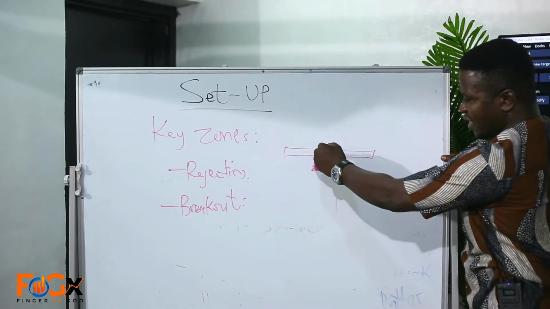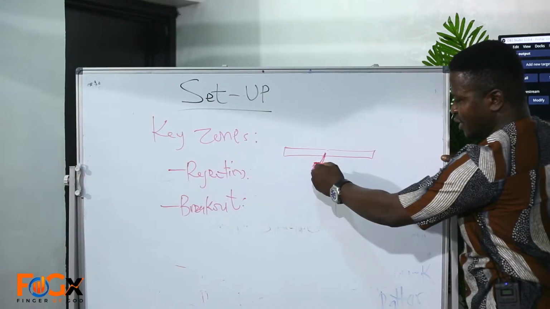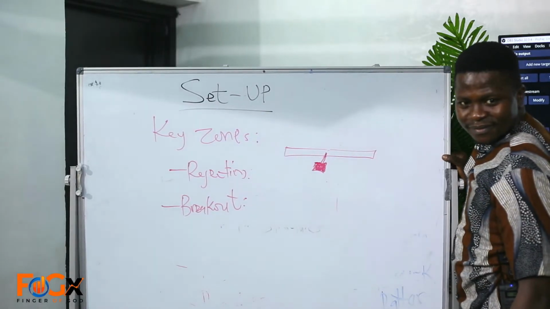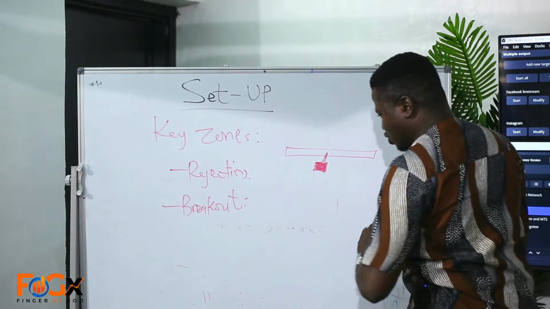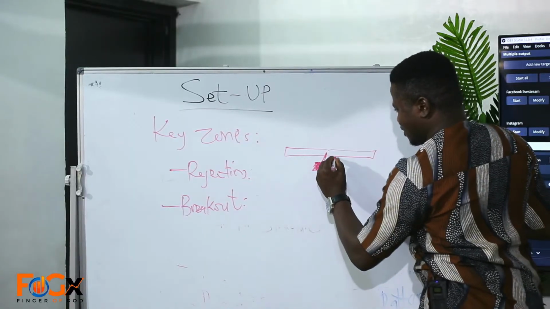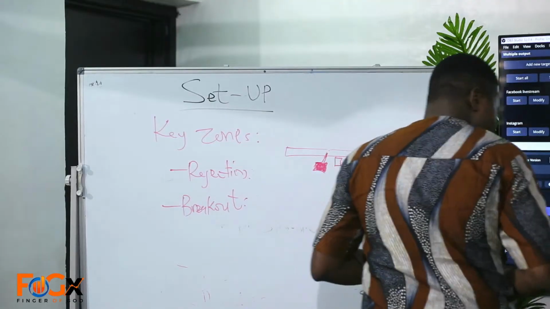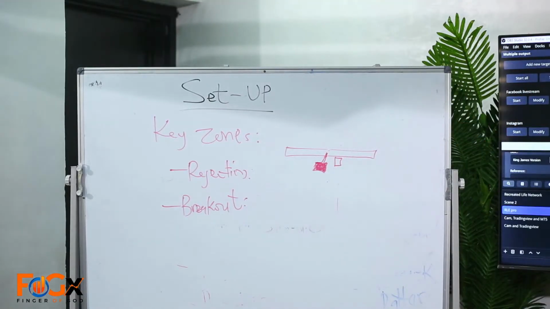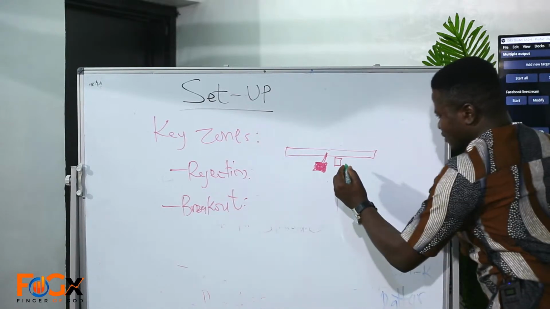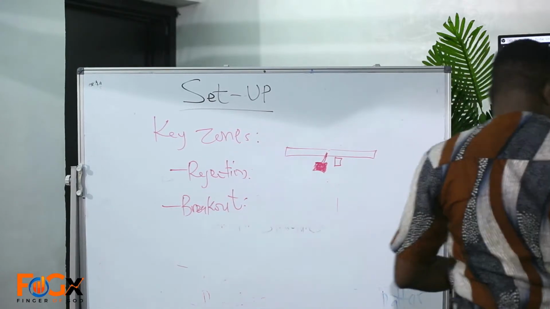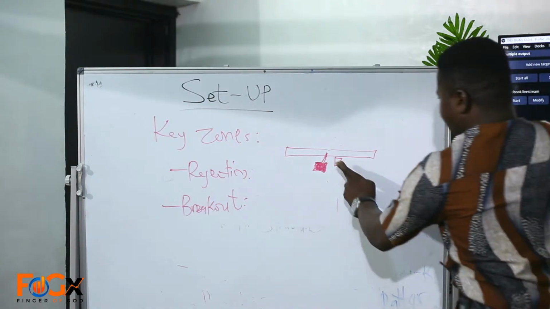This is the wick. This is the body. Or it does something like this. Green comes first.